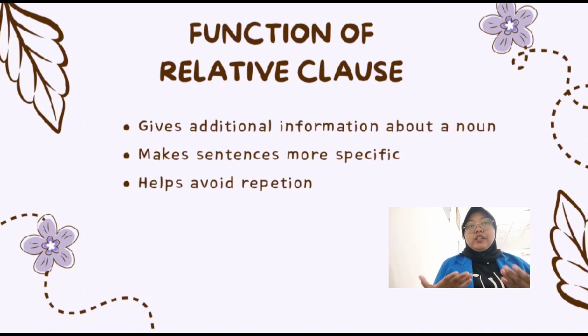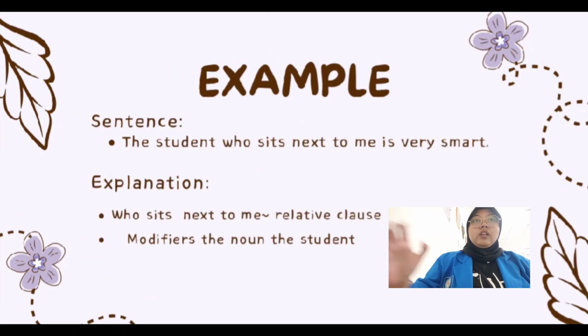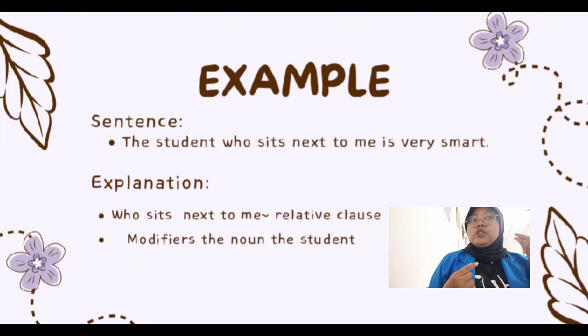The functions are to provide additional information about a noun, to make sentences more specific and clear, and to avoid repetition in sentences. Example: the student who sits next to me is very smart. Who sits next to me is a relative clause. It modifies the noun the student.